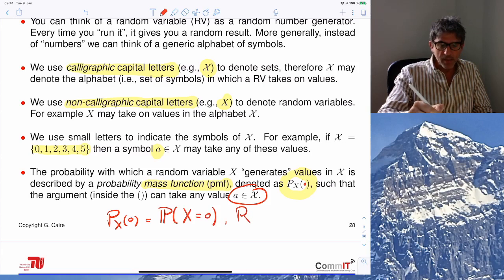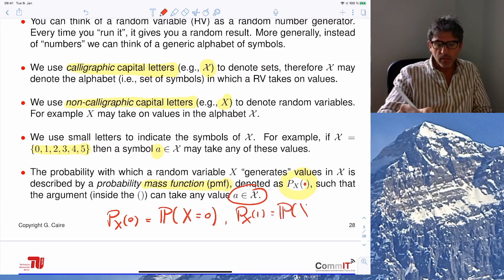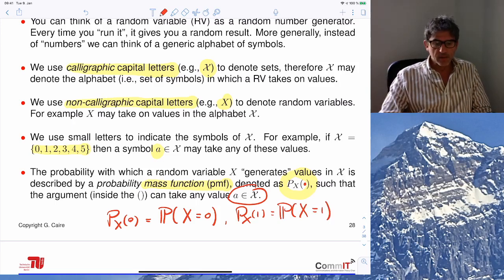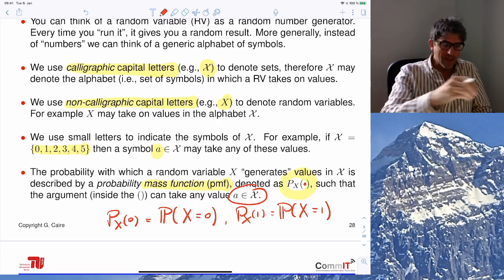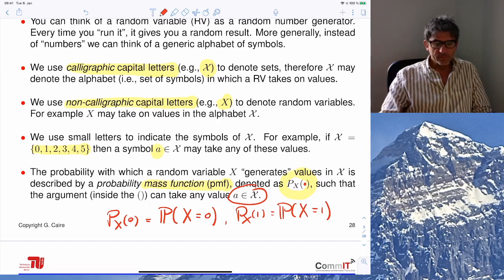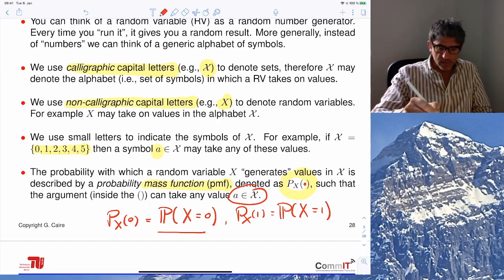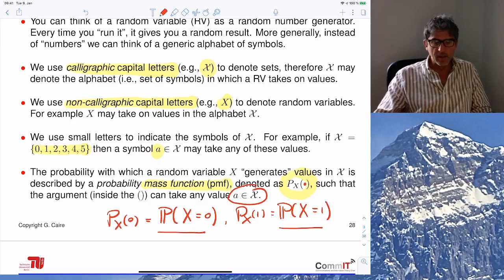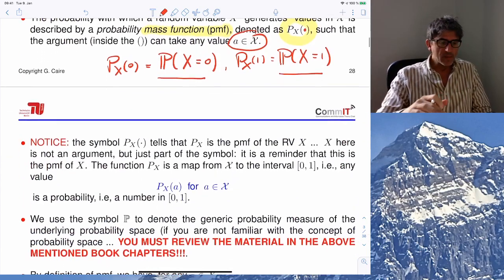And P sub X of 1 will be the probability with which my random variable takes on the value 1, etc., etc. So the collection of all these values forms, in fact, a function that maps the alphabet to the interval 0, 1, because each of these probabilities, being probabilities, must be a number from 0 to 1.